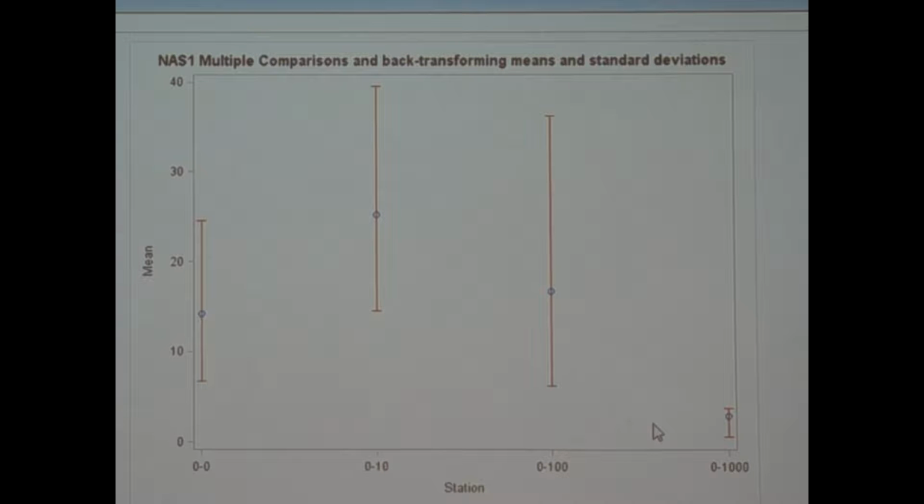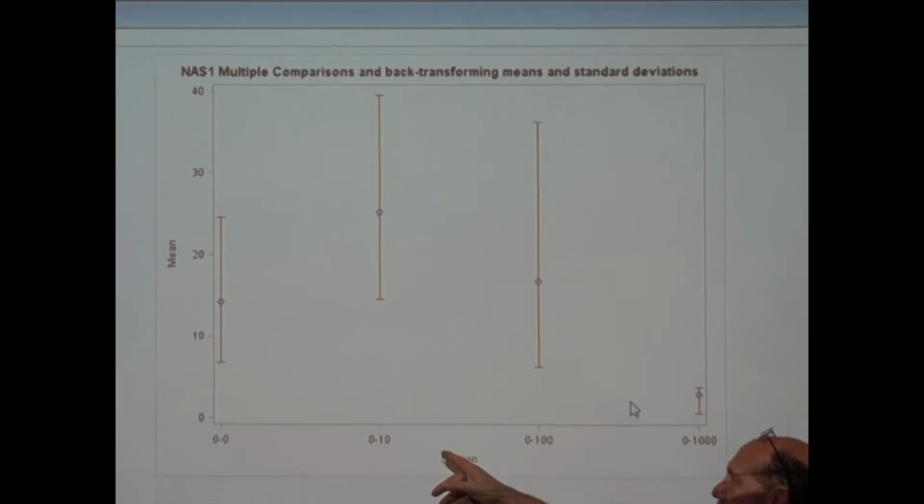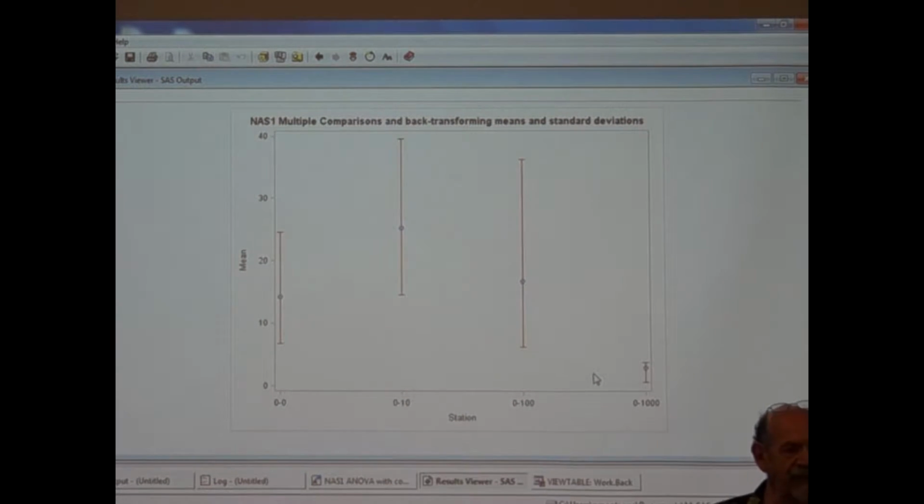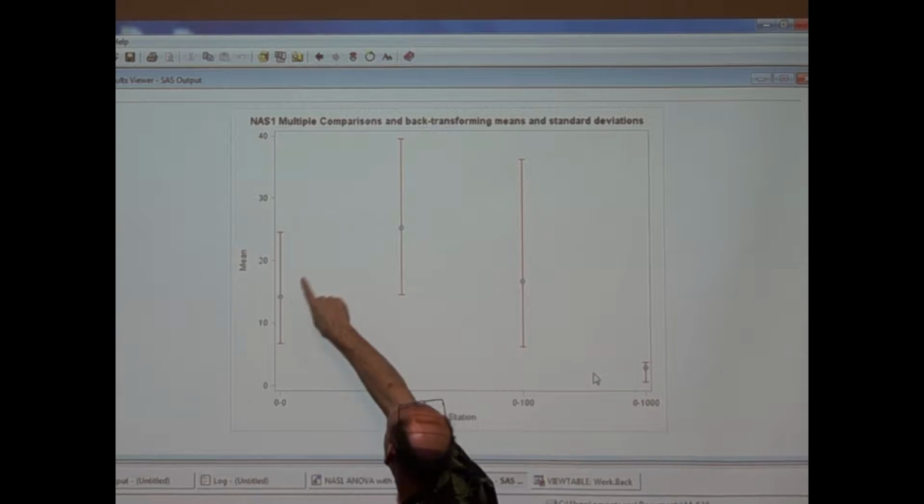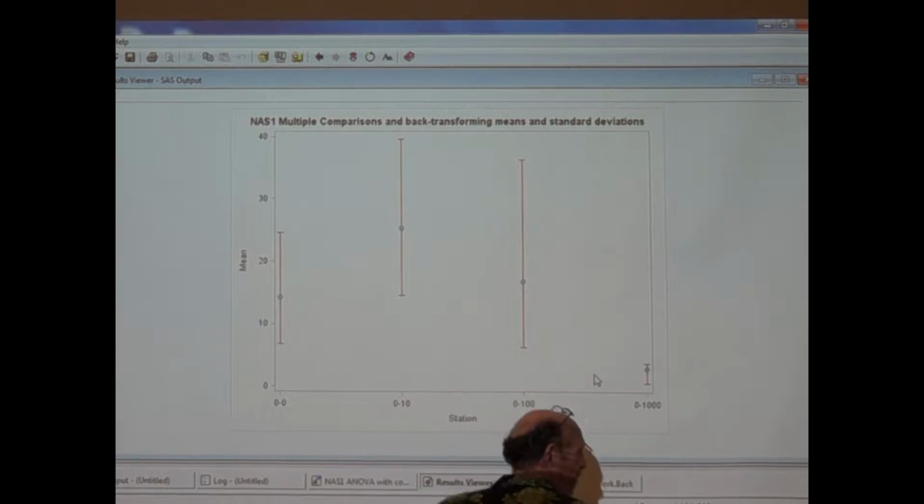Now again, suppose this is a gradient or it's time, right? We had stations and dates, and we're plotting the station means versus dates or something, and we want to connect those. Let's say we want a dot that goes through here, here, here, and here.